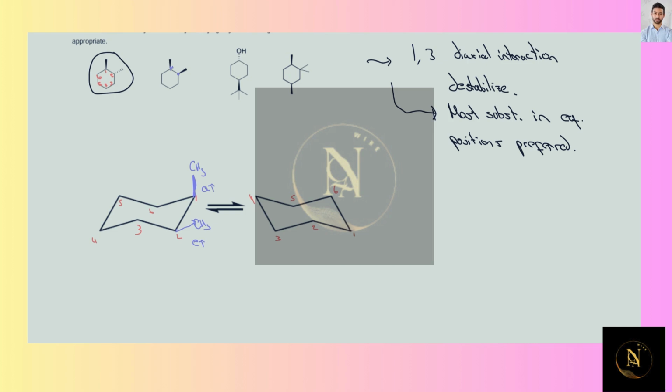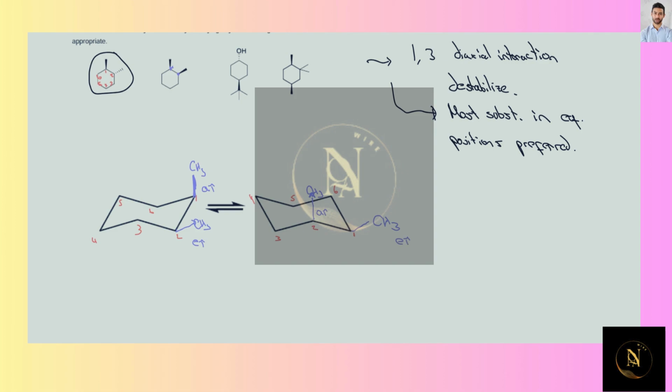Whenever we translate this into the other chair, we're going to have our CH3 over here, and we're going to have the CH3 now in, sorry, in this case it should be in an axial looking up position, as follows, CH3.